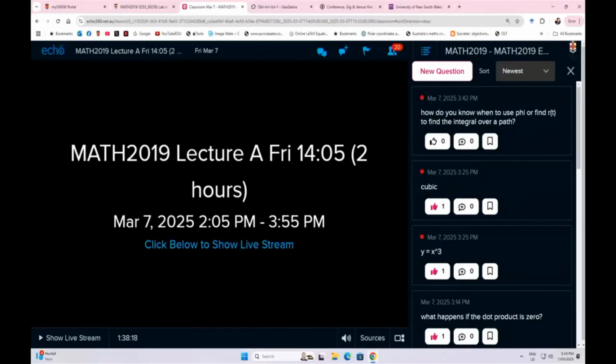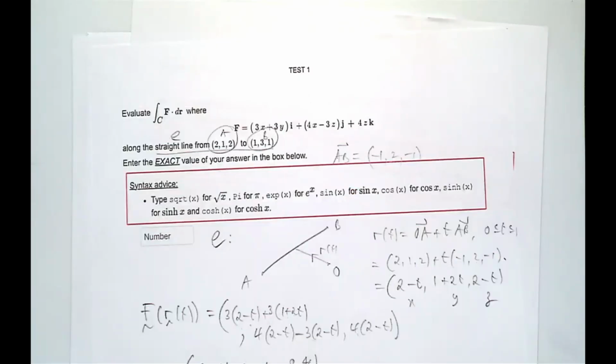Here's one I've created earlier because I know we don't have a lot of time left. This is another variation. Let's go through it because there's something different about this one relative to the previous examples, and the difference is the parameterization. You've got a vector field, but then you're told there's a straight line from 2,1,2 to 1,3,1.